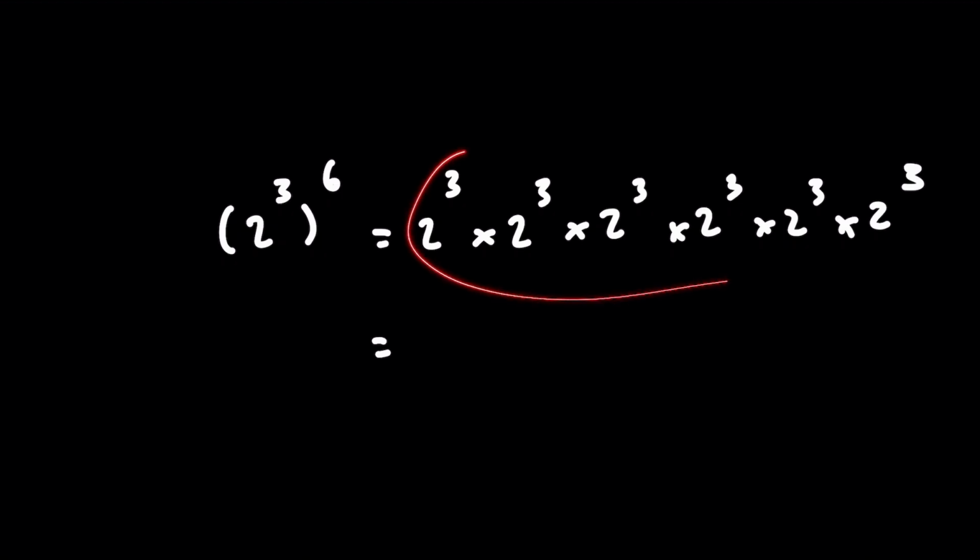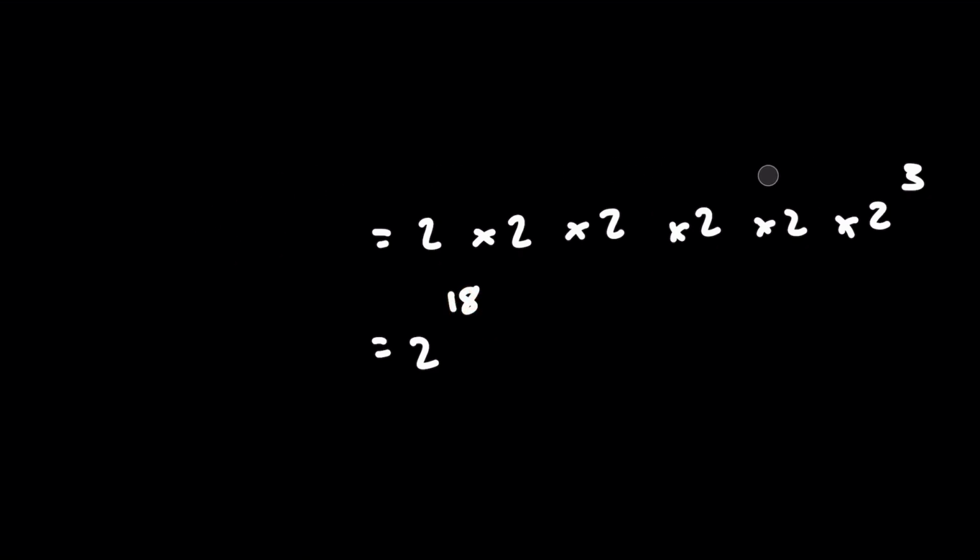And we know that if we're multiplying two exponents with the same base, we can just add the indices together. So this simply becomes 2 to the power of 18. But what we really did here was we just multiplied the indices together. So we can just do 3 times 6 and we get straight to 18. So let's take a look at an example. So an example of this would be something like this.